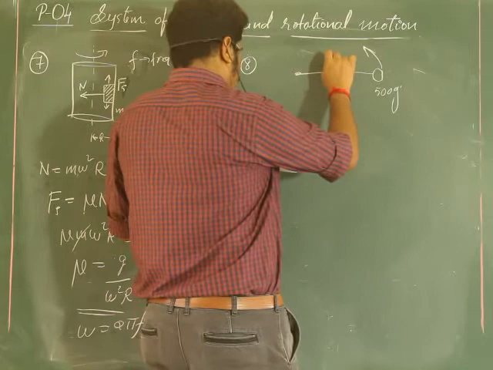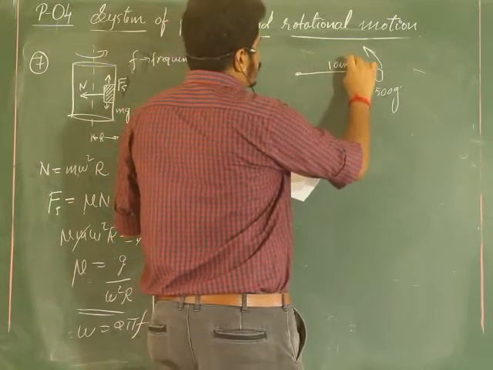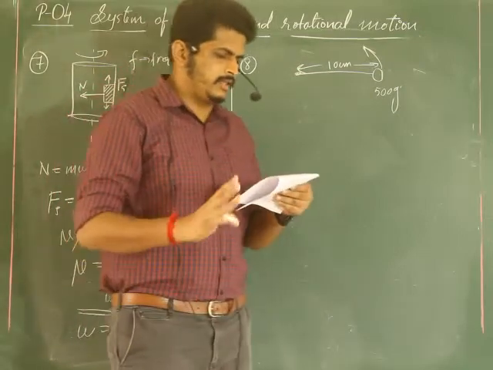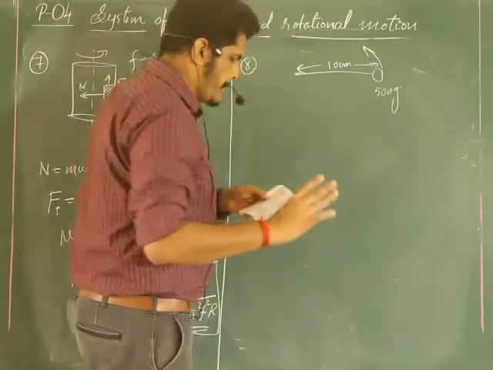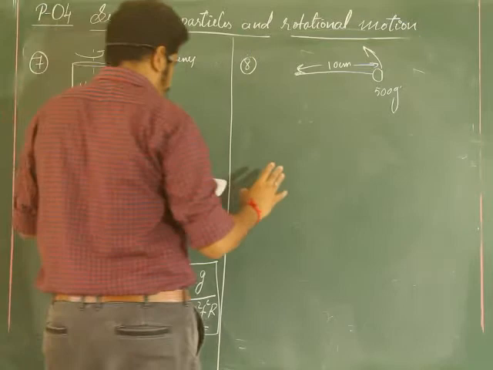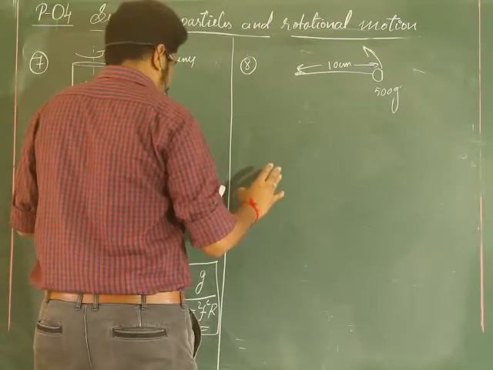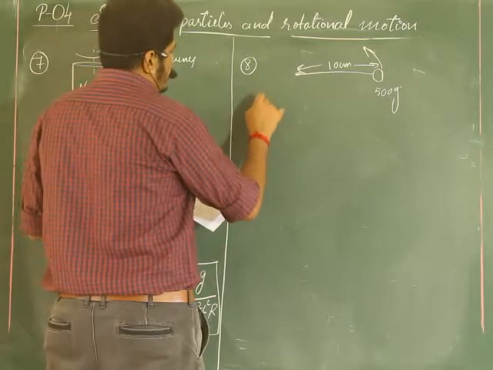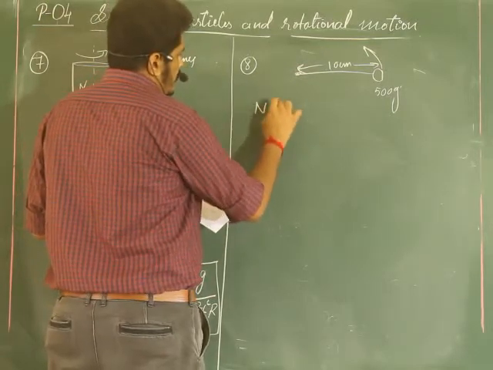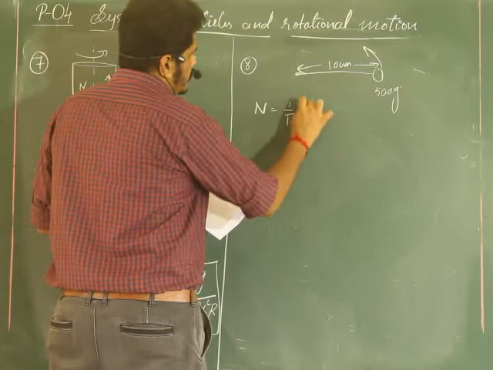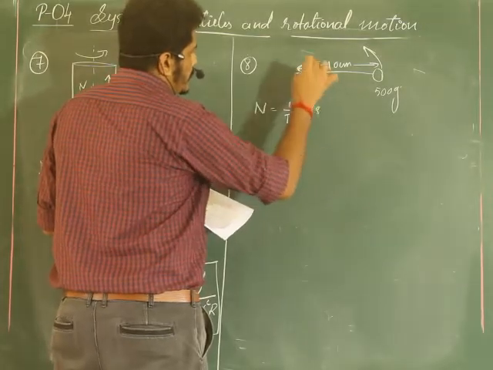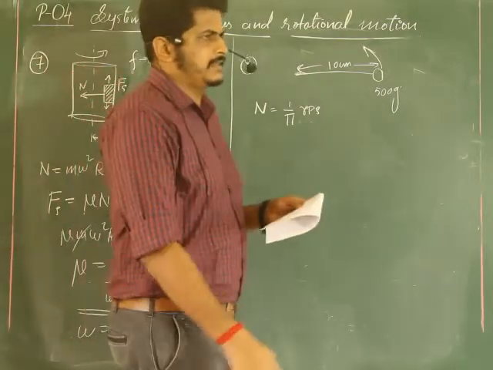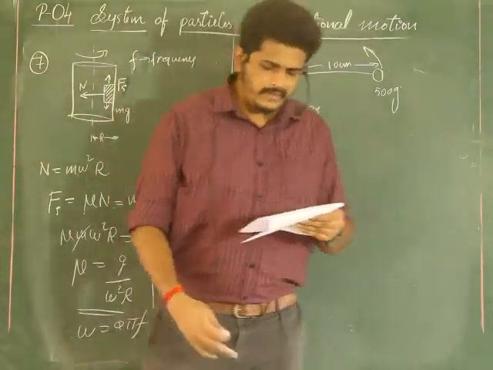The radius is 10 centimeter, with the speed 1 by pi revolution per second. That means n equal to 1 by pi RPS, in a gravity free space, that means gravitational pull is not there.